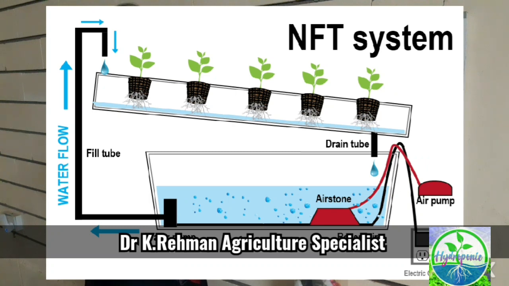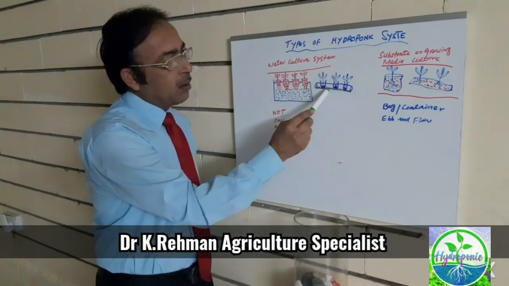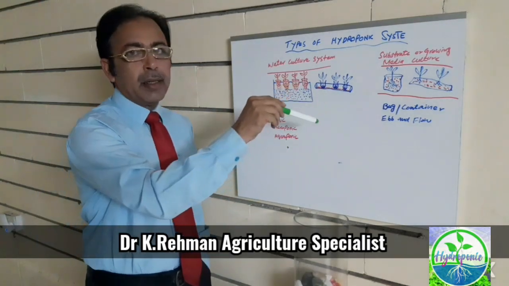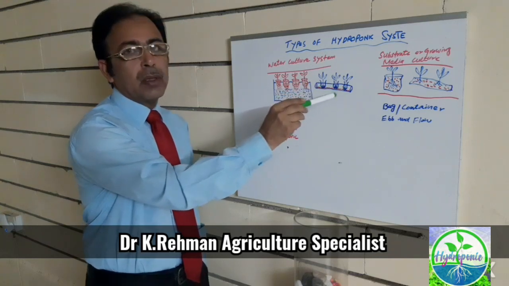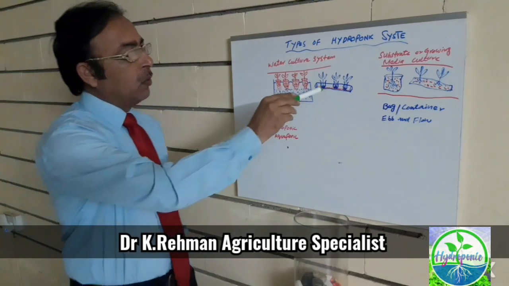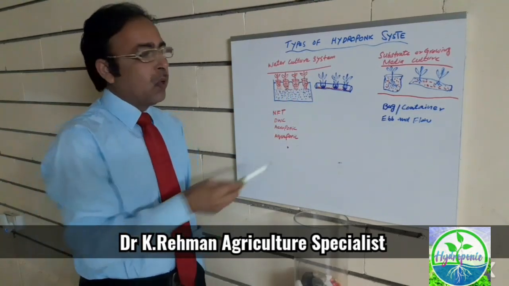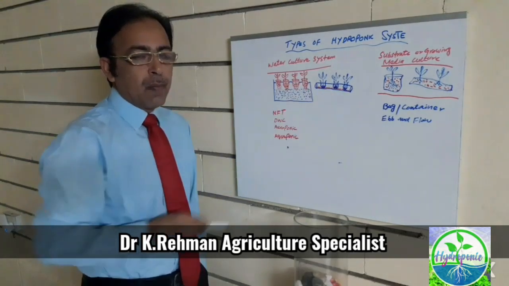PVC pipe or trellis in which the nutrient solution flows in a light stream. Plants are suspended in holes made in those trellis or PVC pipes. The roots get nutrients and aeration from this nutrient flow.